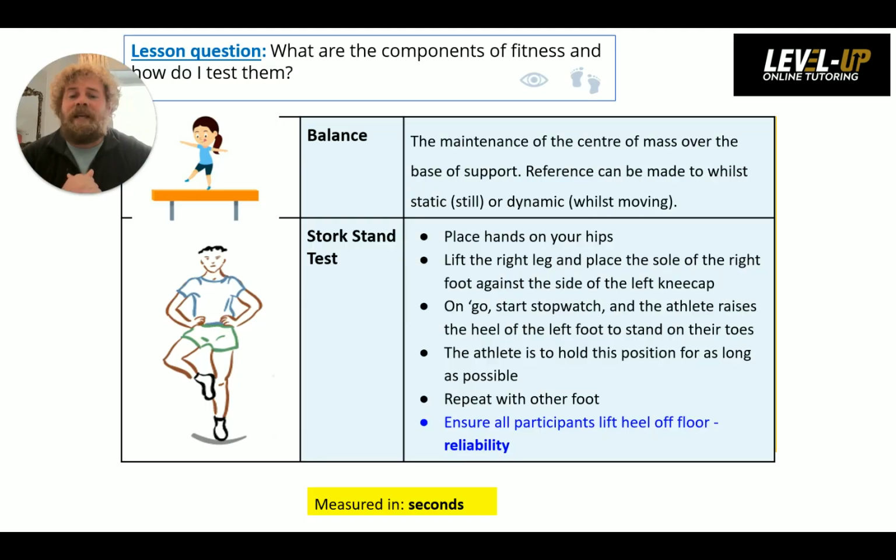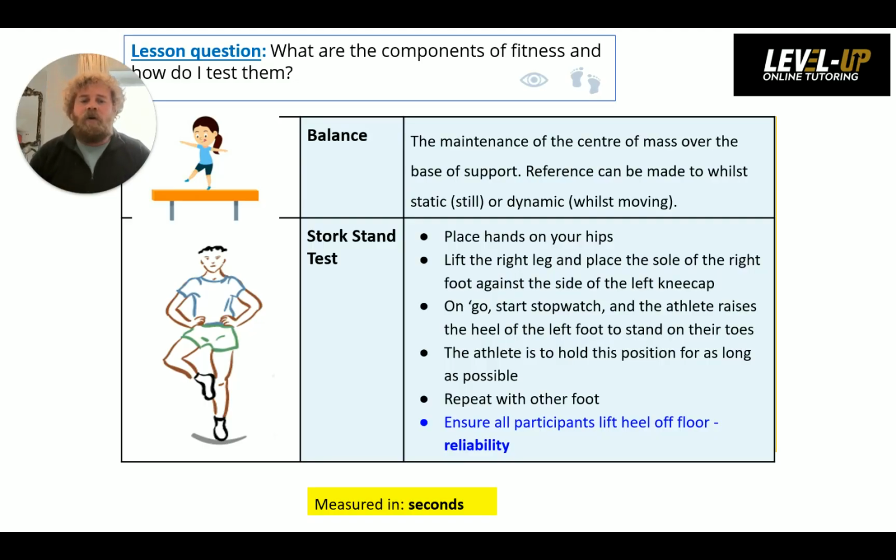We need to place our hands on our hips. We then lift the right leg and place the sole of our right foot against the side of the left kneecap. On go, start the stopwatch and the athlete raises the heel of the left foot to stand on their toes.